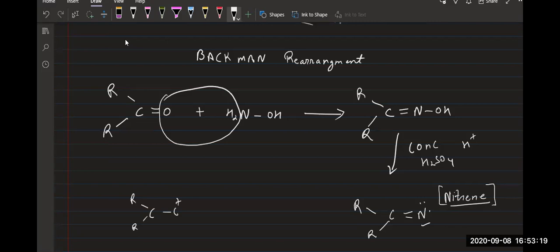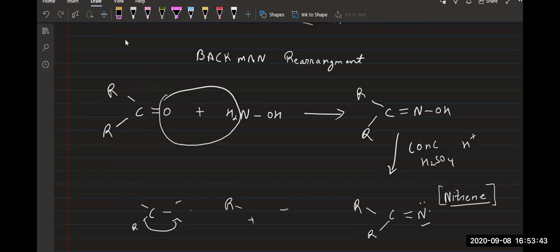What would have happened? This R would shift to this side, carbocation rearrangement, if you remember, then you would have something like this. Yes or no? Agree, everyone? Same, this thing would have happened.